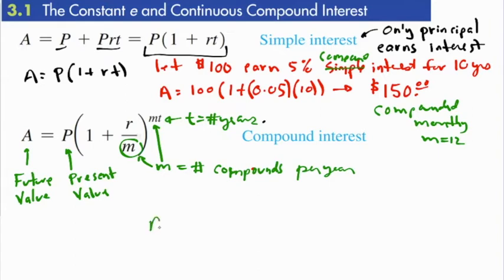We can now write a new formula, A equals 100 times 1 plus the interest rate, 5%, is 0.05 over 12 compounds per year, all raised to the 12 compounds per year times 10 years.